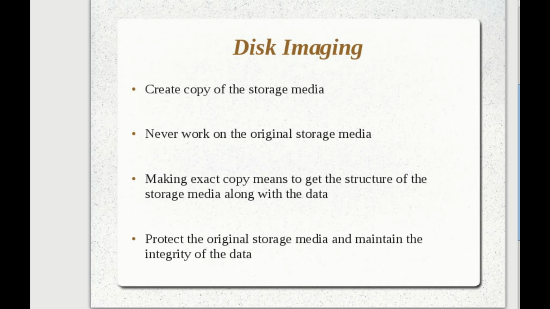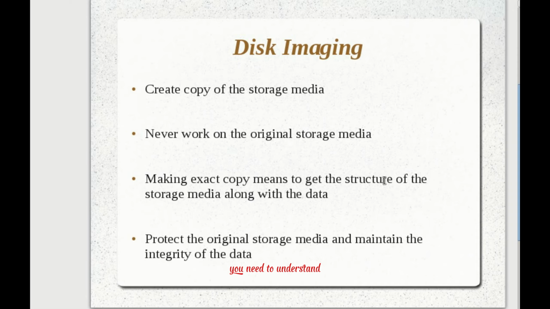Creating a disk image file of the target is the first step of any digital investigation. In any investigation, analysis is not done on the original data storage device, but on the exact copy taken. One more important thing is that disk imaging doesn't only copy the data but also the structure of the storage media.